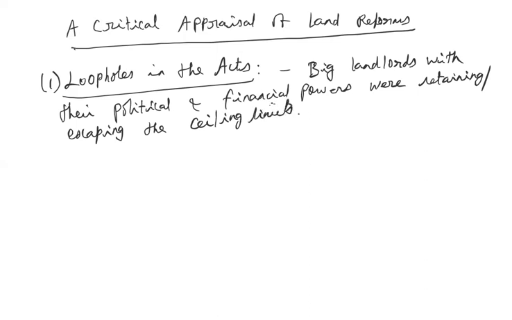That is the first. They could own more acres of land by escaping the act. That is one loophole in the land reform measure.